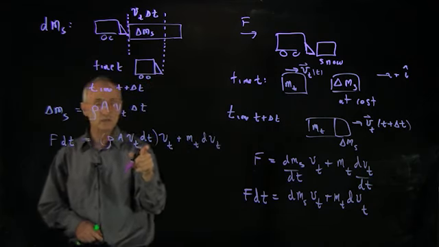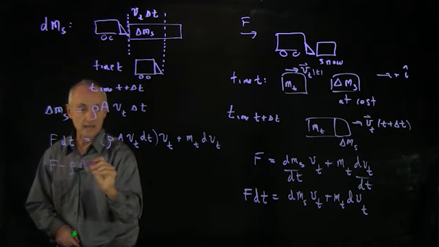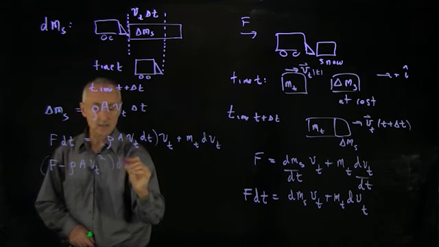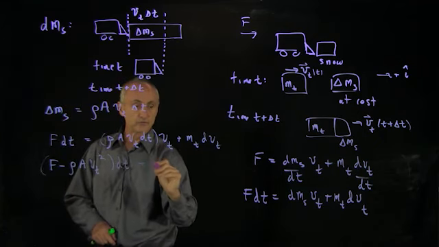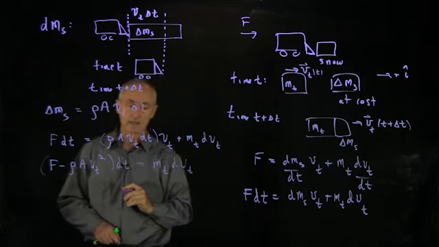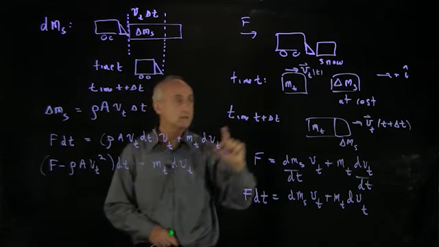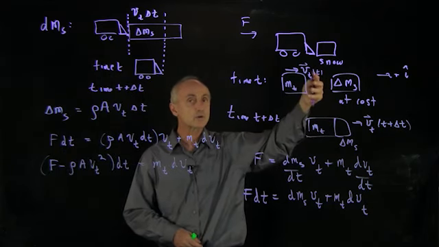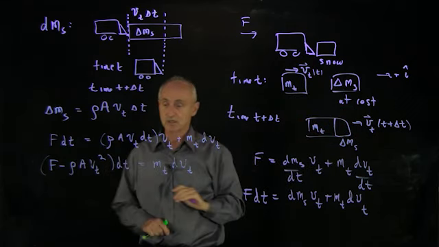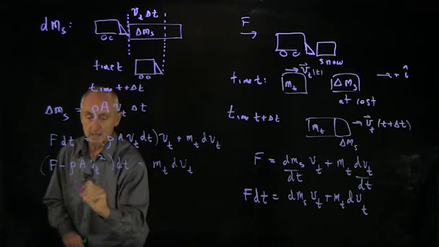Now, we can bring this term over to the other side, and so we have F minus rho A v truck squared times dt equals the mass of the truck times dv truck. And the mass of the truck in this case is fixed. Why? Because when the snow gets into the truck, at the end of this delta t time interval, it gets displaced to the side.